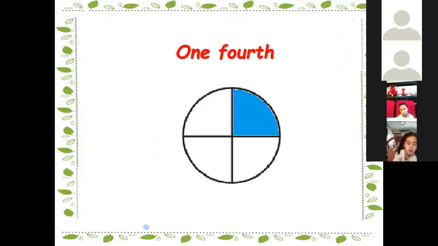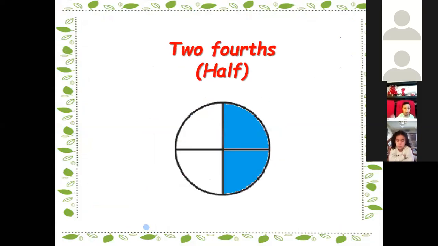If we have a shape divided into 4 equal parts, and we color only one part, it means we colored one fourth. We colored 1/4. So what happens if we colored 2 equal parts?